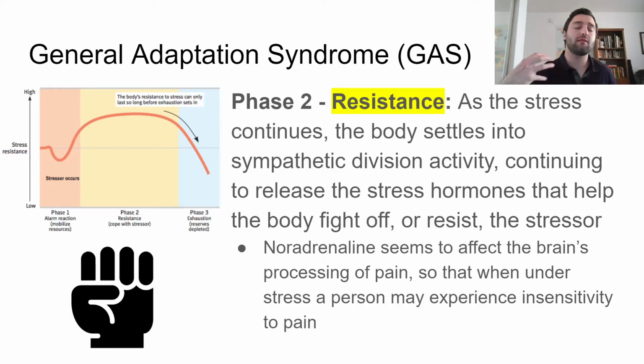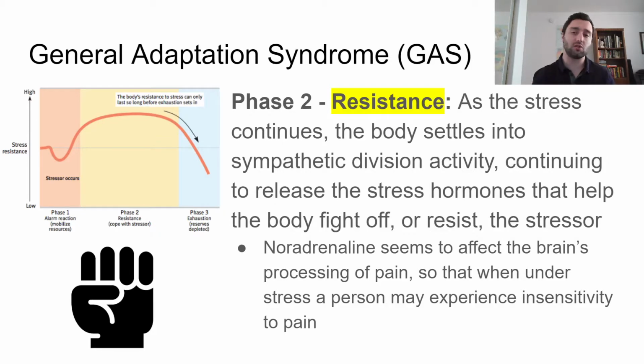And so a lot of these reactions seem very much set to allow us to deal with physical harm, right? To fight off or flee from an animal or something like that. So if you think about that, all of these different reactions make sense. And what we're trying to do is resist and fight whatever this thing is that we feel is a danger. Okay.